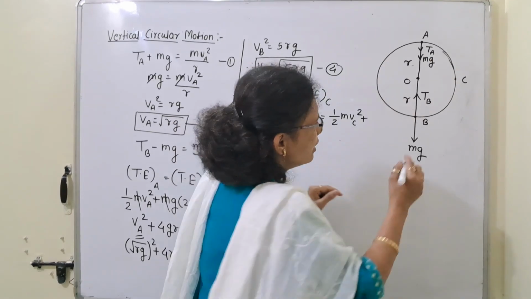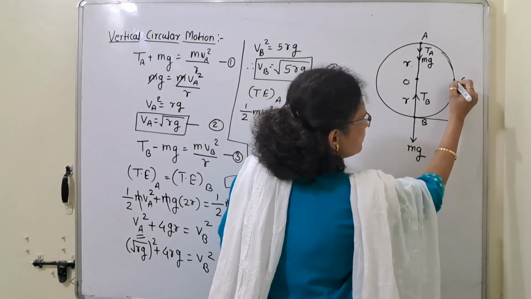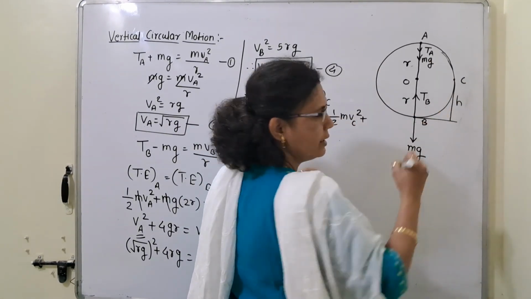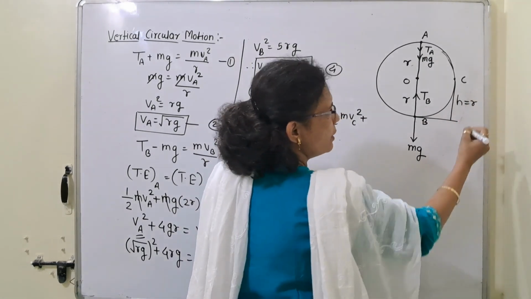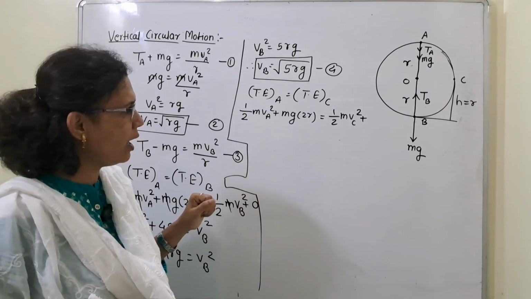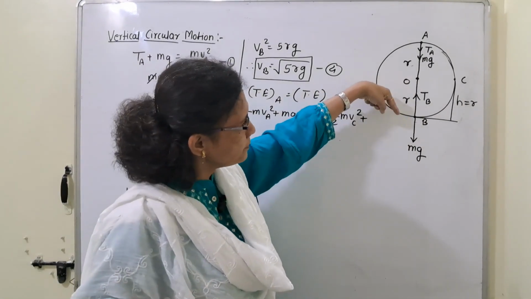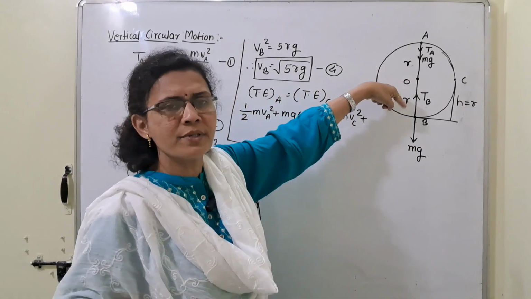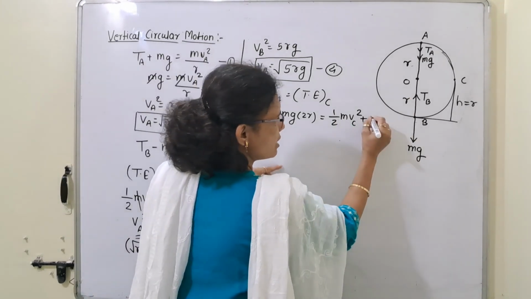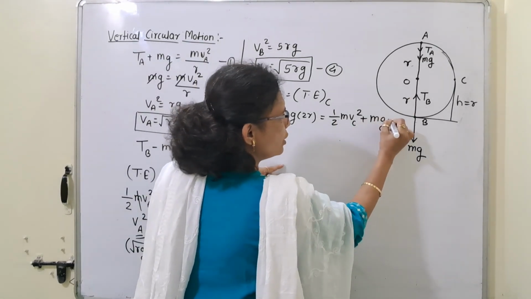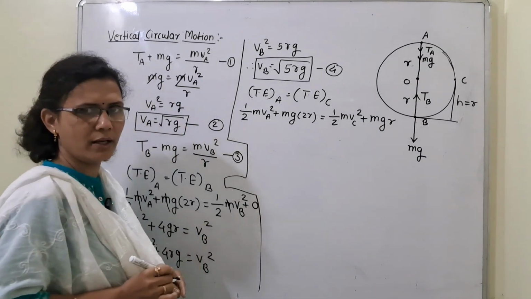Say this height will be h. This h will be equal to r, that is nothing but the radius of the circular path. So what will be potential energy at point C? That will be mg into r.